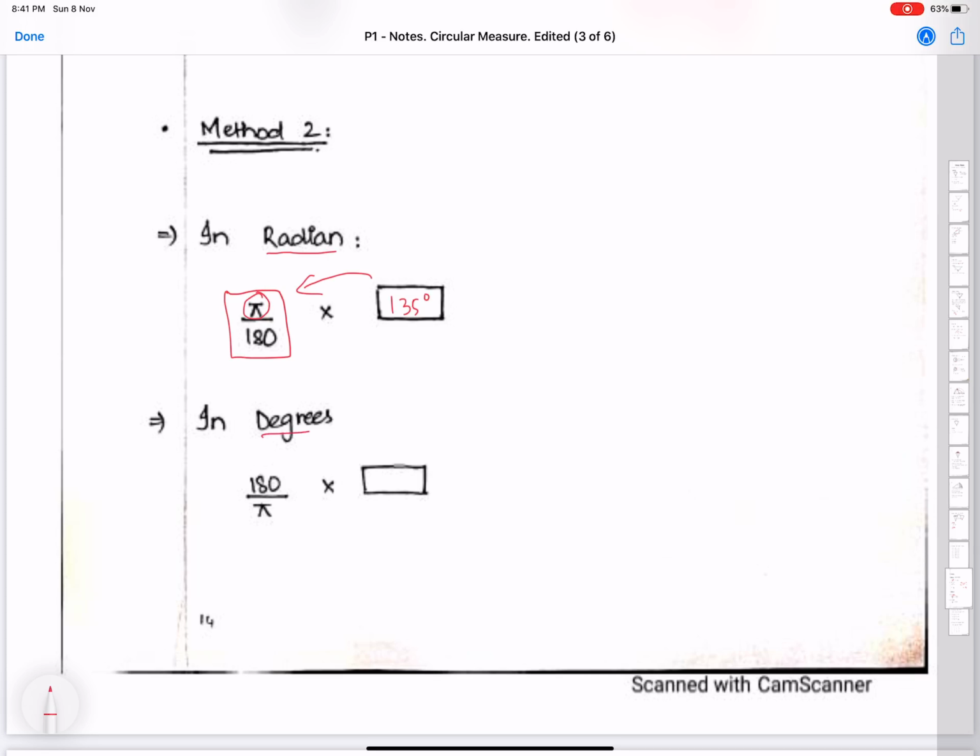When you need your answer in degrees, keep 180 in the numerator. What if you want to convert 3 pi by 2 into degrees? You just need to multiply 3 pi by 2 with 180 upon pi. So if you need your answer in degrees, keep 180 in the numerator. If you need your answer in radians, keep pi in the numerator.